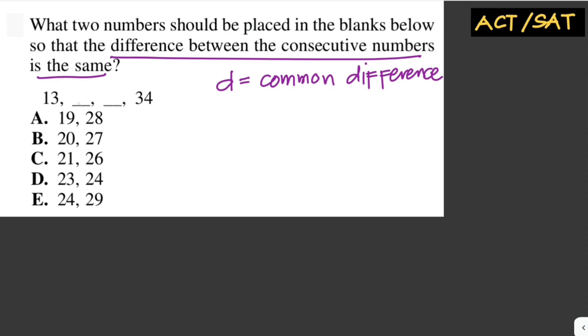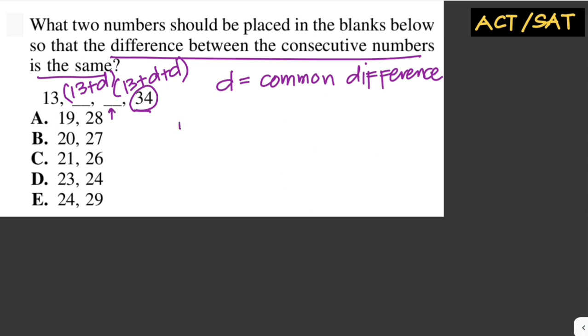Therefore, the second number here is just 13 plus D. And then the third number is just 13 plus D plus D to get the next number, which is equal to 34. And in here, 34 is just equal to this number here, the third number, plus the common difference.